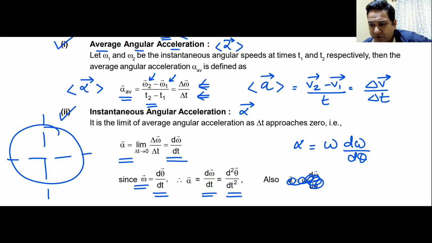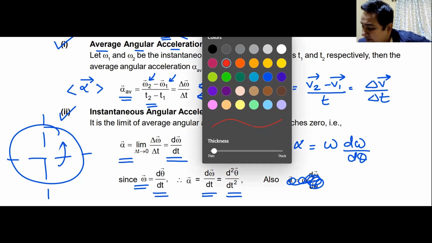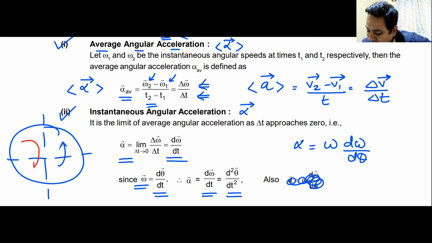Now, when a body is moving in circles on your sheet, it can only move in two directions. One is like this, the blue direction. The other one is like this, the red direction. The blue direction, or the red direction.